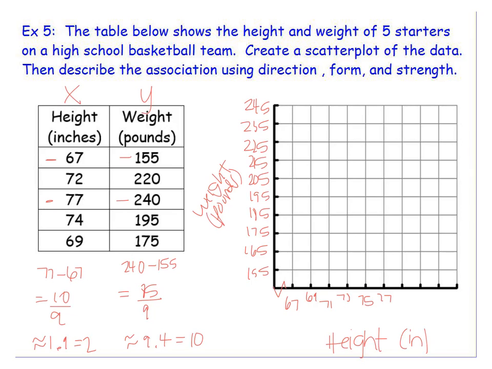All right. So we've made our axes. We've done our labels. All we got to do is graph some points. So at 67, I need to go to 155. I'm going to change colors. So there's 155.